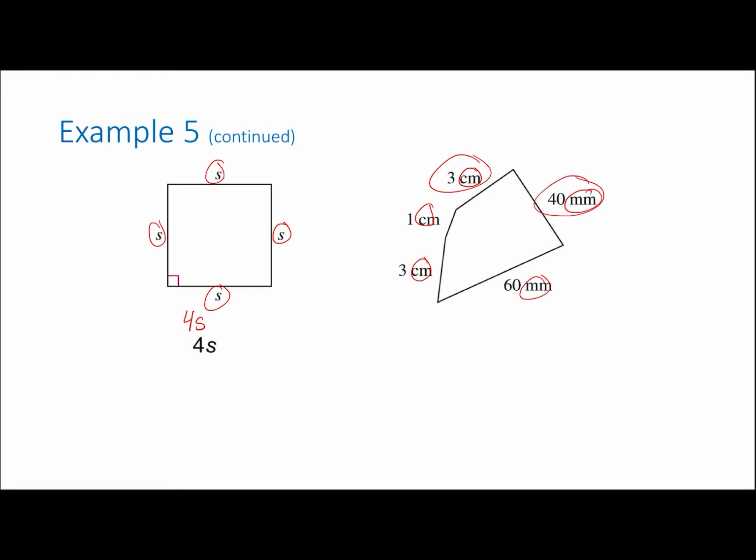And so I gave you a chart in our last video, I believe it was, that told you that a centimeter is 100th of a meter, and a millimeter is 1,000th of a meter. So essentially, a centimeter is 10 millimeters.